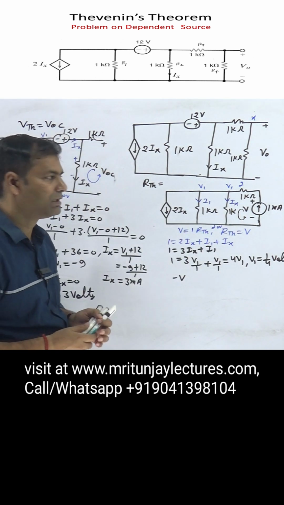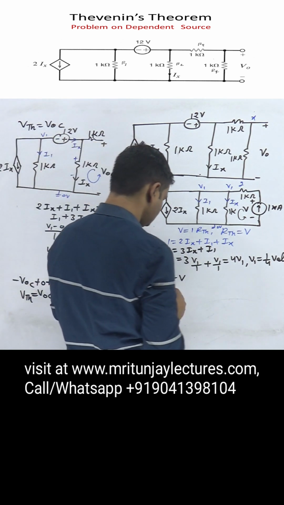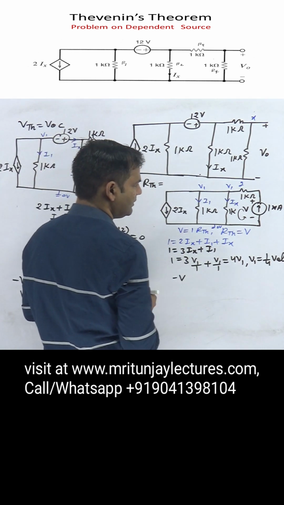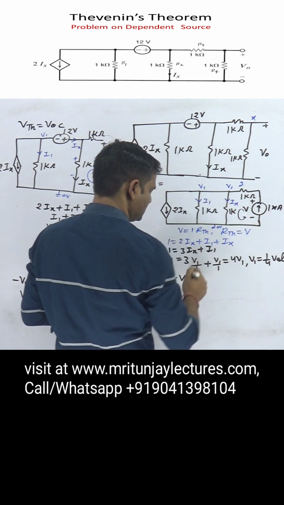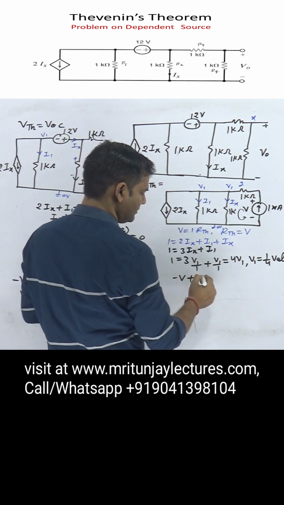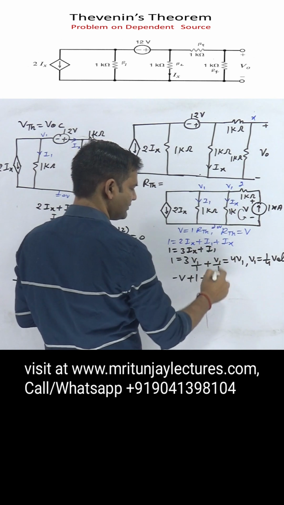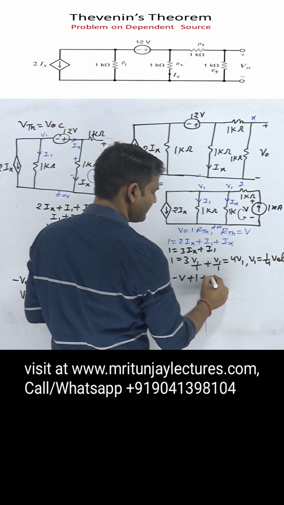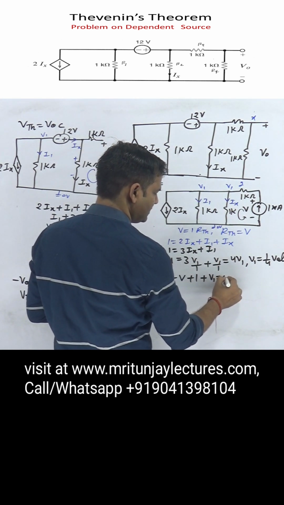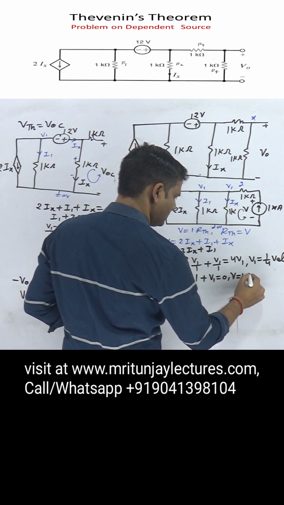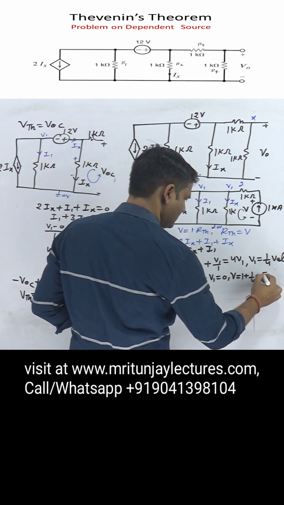So 1 into 1 is 1 volt, plus V1, which is 1 by 4, is equal to 0. So V is equal to 1 plus 1 by 4, that is 5 by 4.